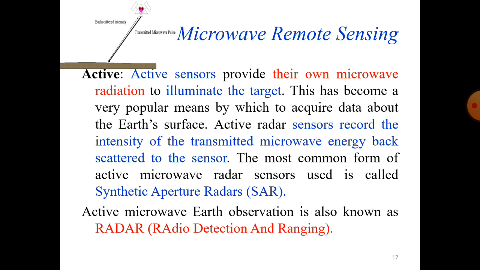They are very sensitive and very powerful, and they can get information both during day and night, and the clarity of the information of the object they get is very specific.